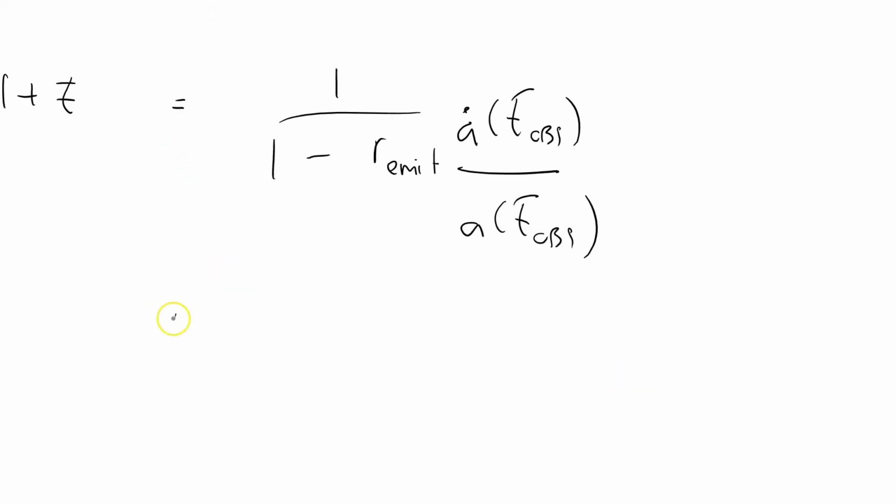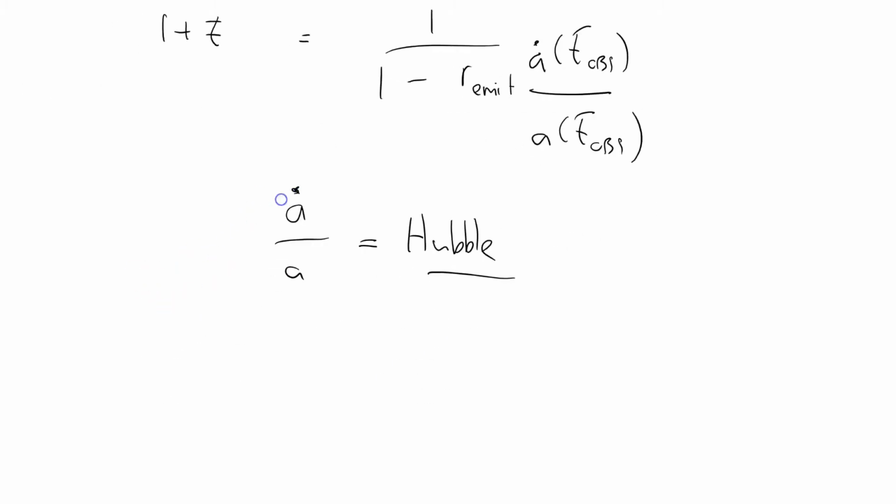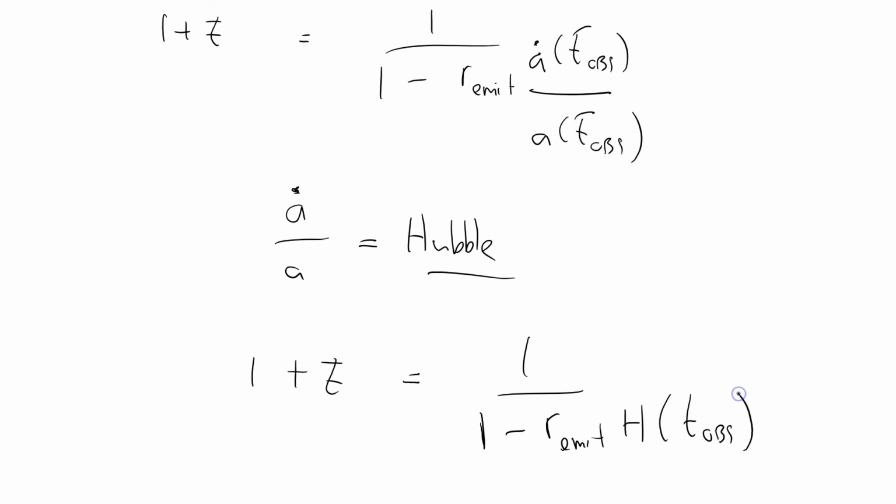And we know that a dot over a equals the Hubble constant. Well, we're going to define it to be the Hubble constant, which I've mentioned a couple of times before. A dot over a equals the Hubble constant, and so what that tells us is that 1 plus z equals 1 over 1 minus r emit times the Hubble constant evaluated at the time of observation.